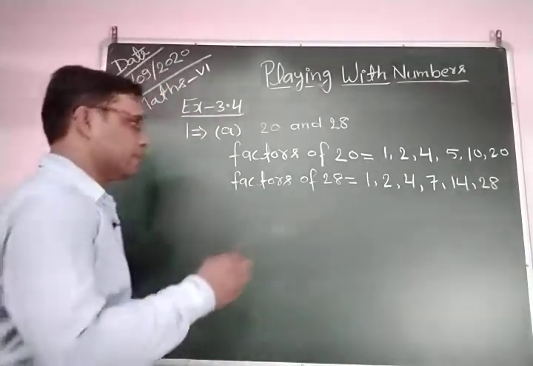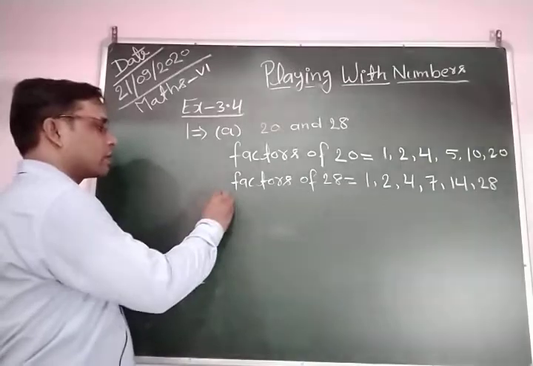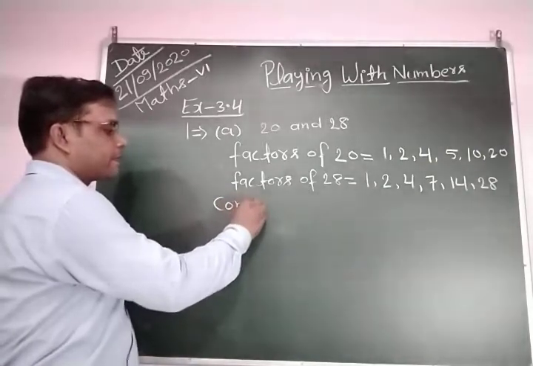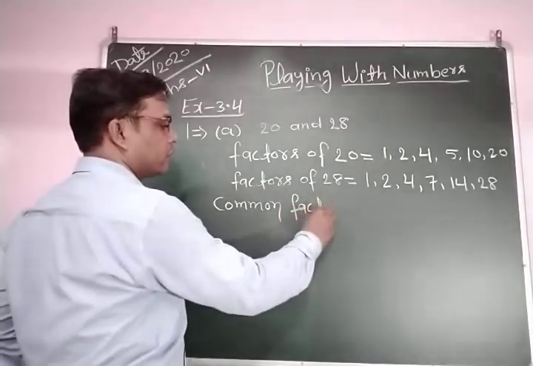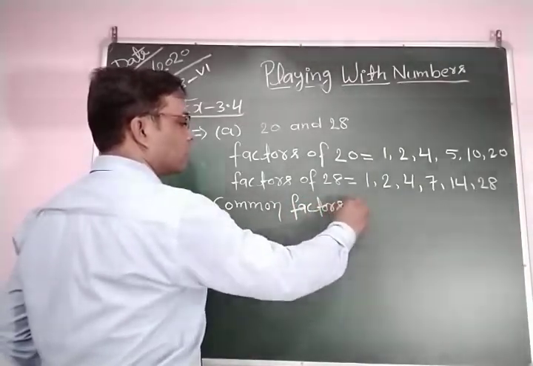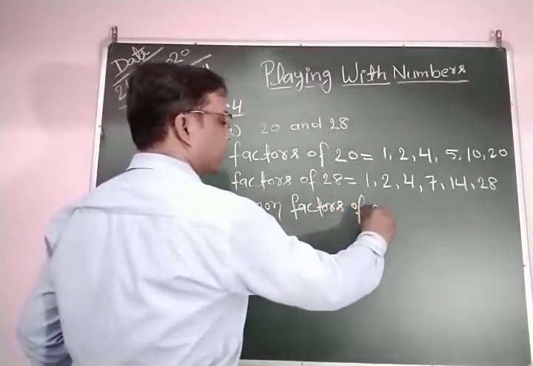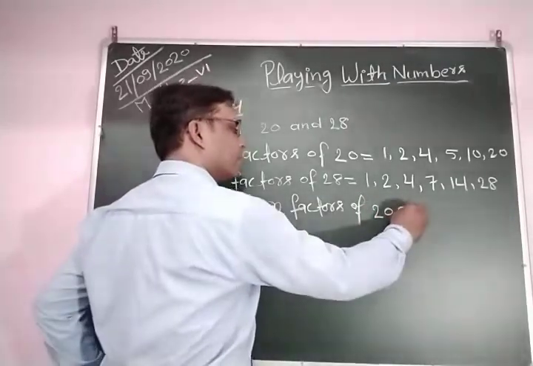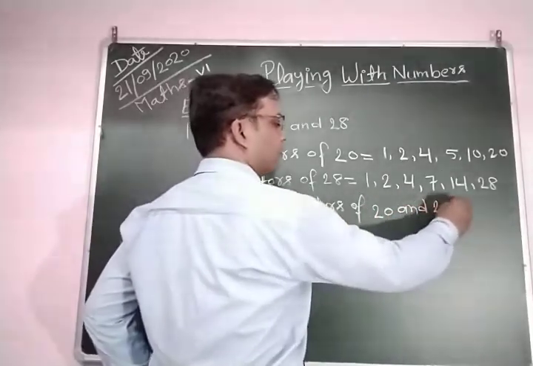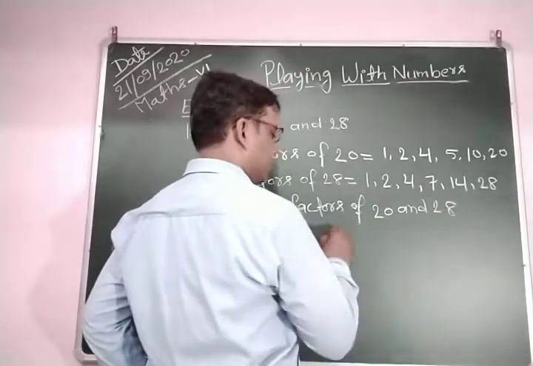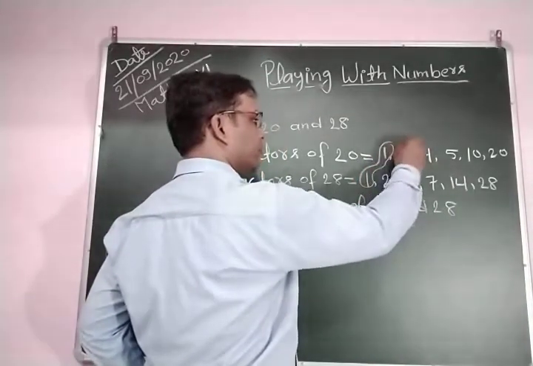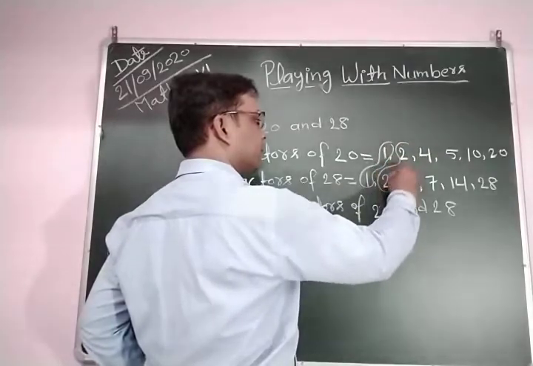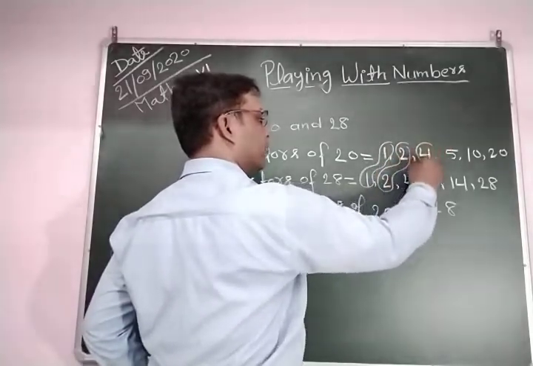So first you write common factors of 20 and 28. 1 is common between them. 2 is also common, 4 is also common.